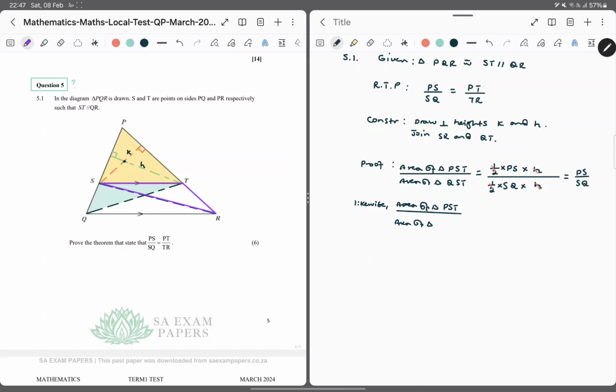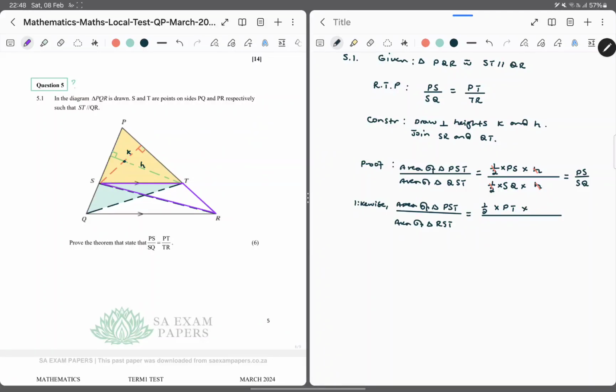So this is RST. This is going to be equal to, so this is going to be a half. The base this time is PT. The height, I don't know why I'm squashing things. It's a half times PT times the height.